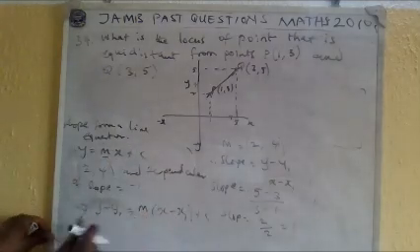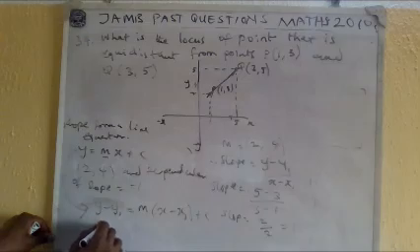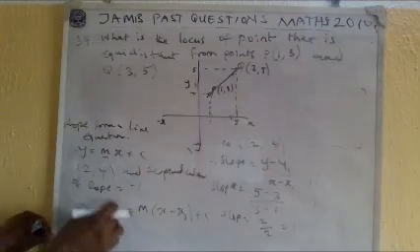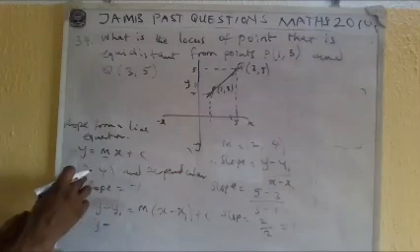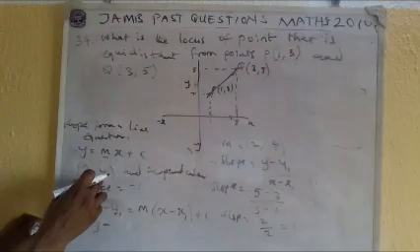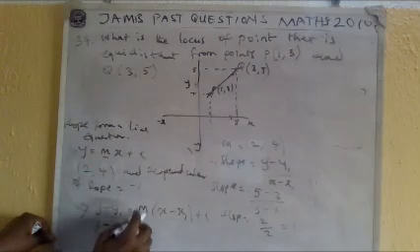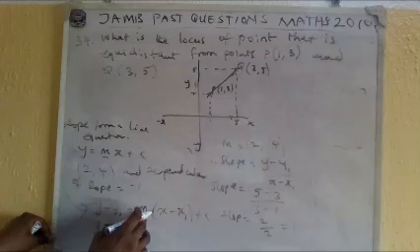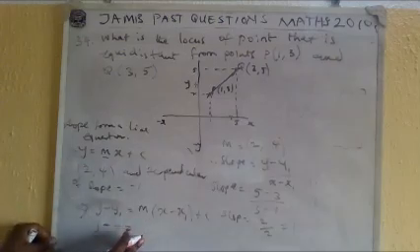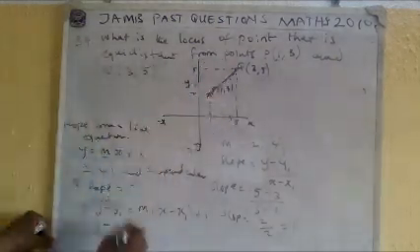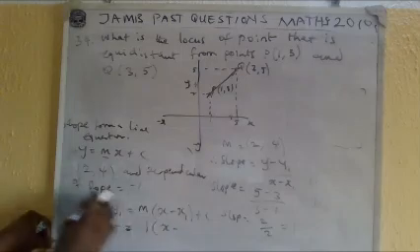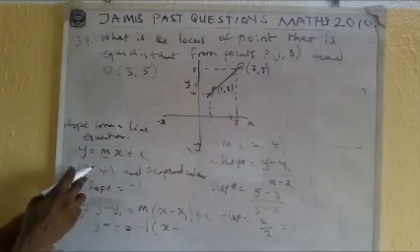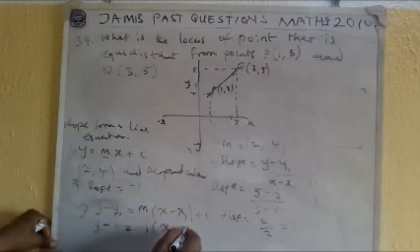So I have y minus y1, where y1 is from the midpoint. The midpoint has two coordinates, x and y. The y portion of the midpoint is 4, and the slope, which is the perpendicular, because we are looking for equidistance from the midpoint, is minus 1 times x, which is unknown, but x1 is the first coordinate of the midpoint, which is 2, then plus c.